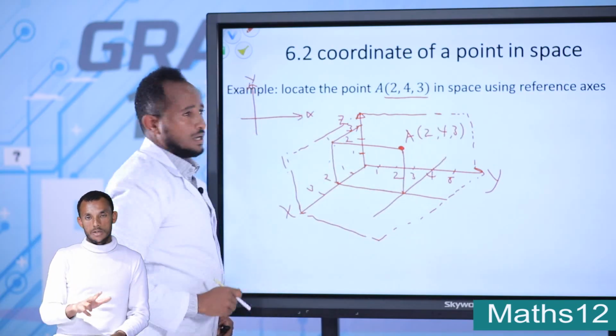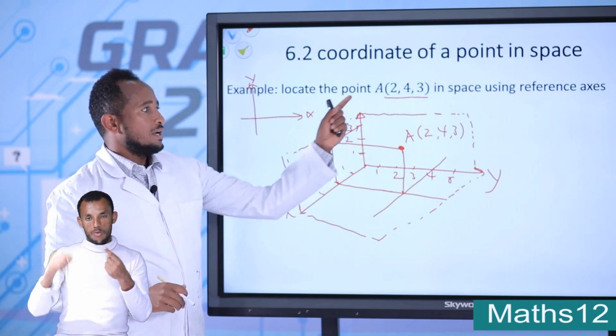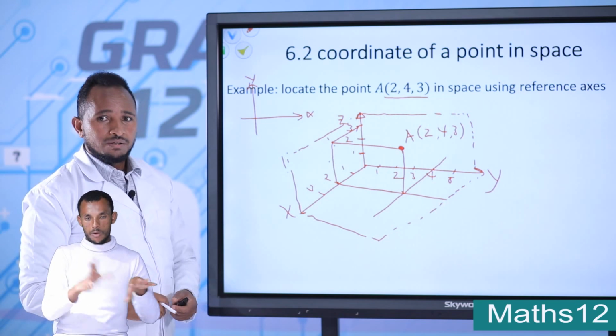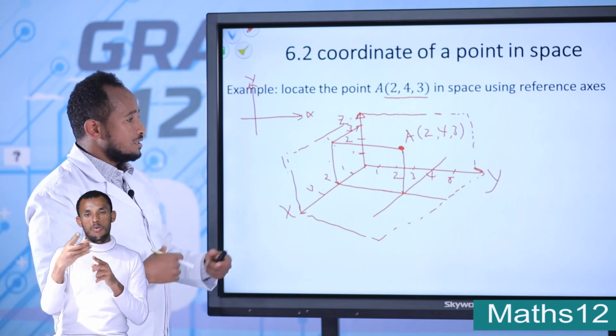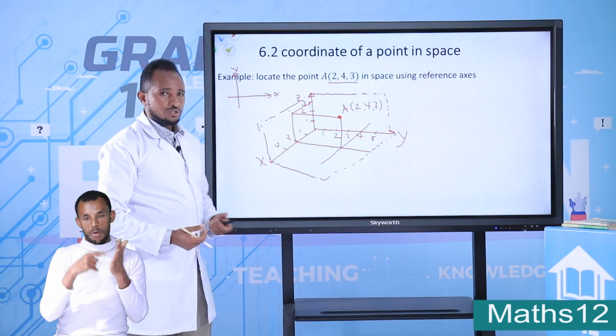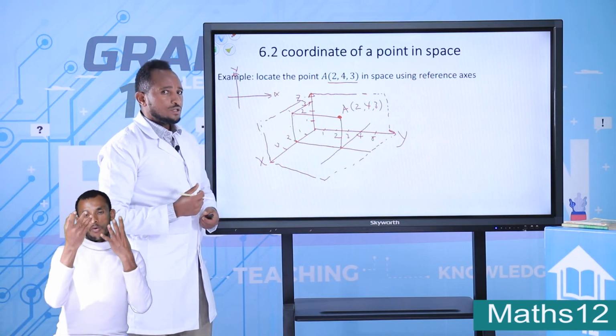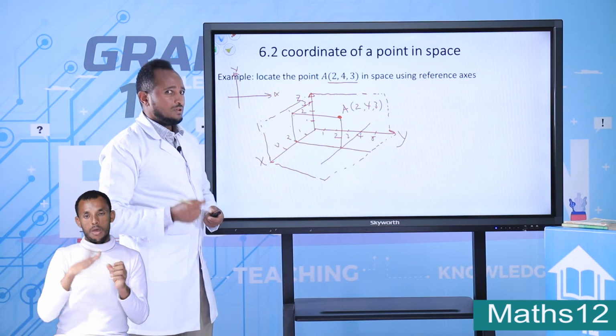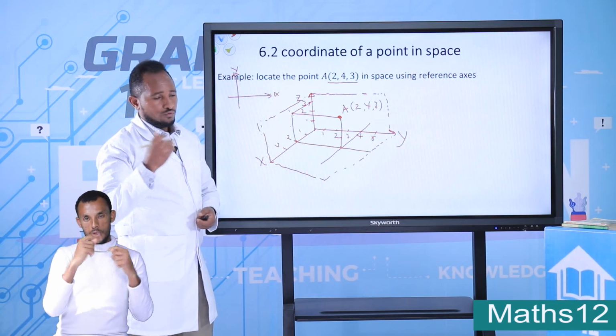So this is how to locate a point in space. Please try to locate many points in space. There are a lot of questions in your text. For now, it will be enough. So try to do it by yourself.